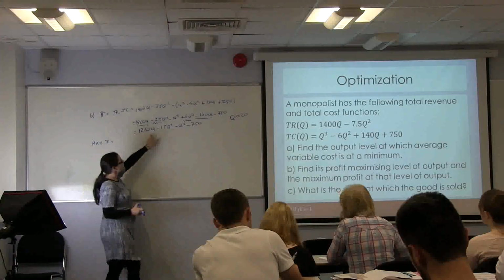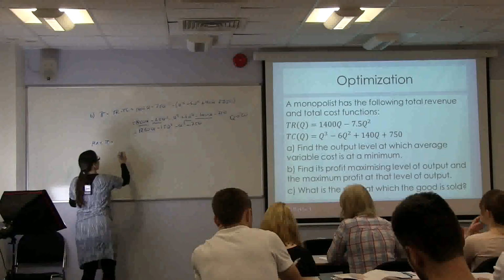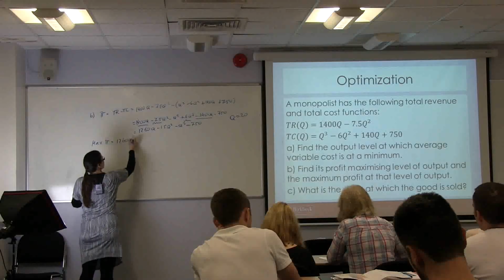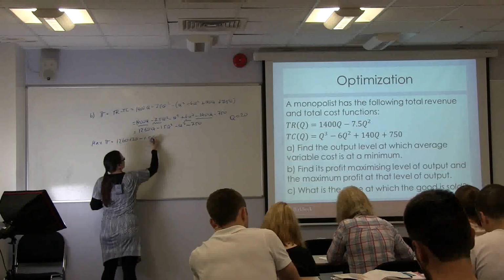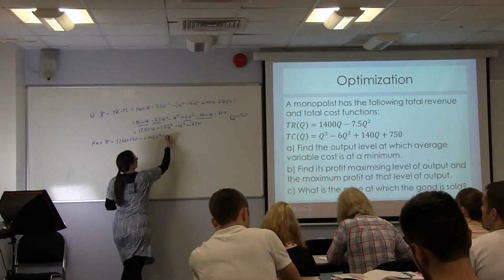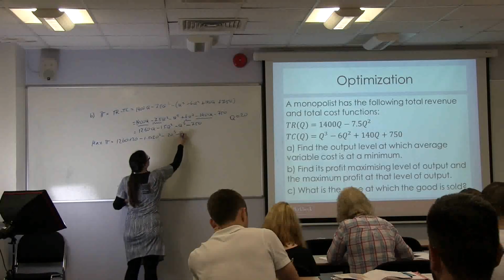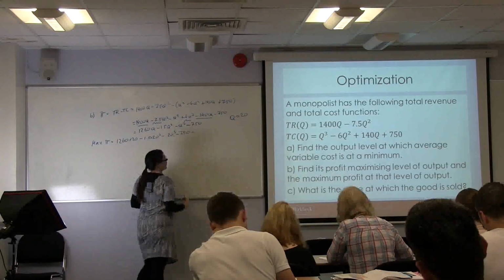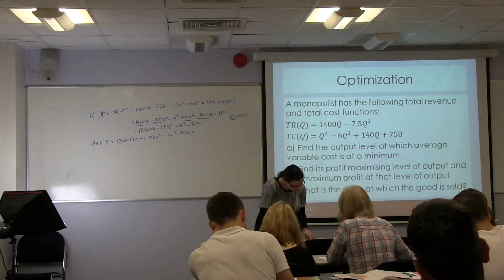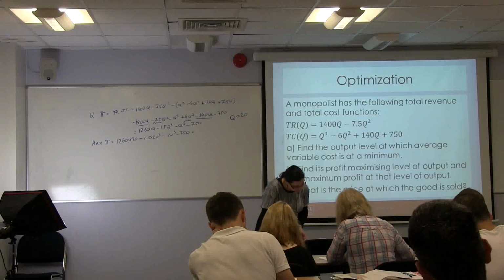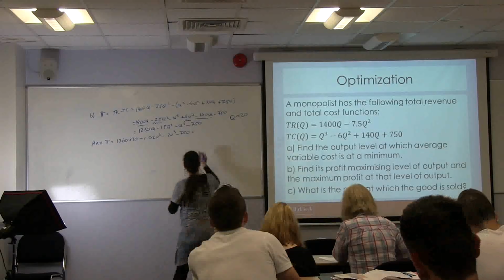Just plug back into the original profit function the Q equals, sorry, Q equals 20. So 1,260 times 20 minus 1.5 times 20 squared minus 20 cubed minus 750. And if you put that into the calculator, that gives you 15,850.